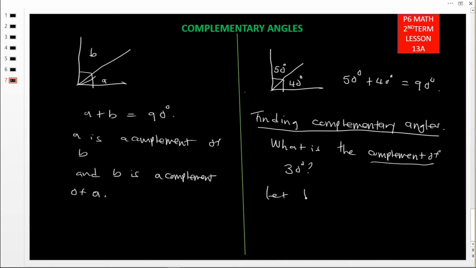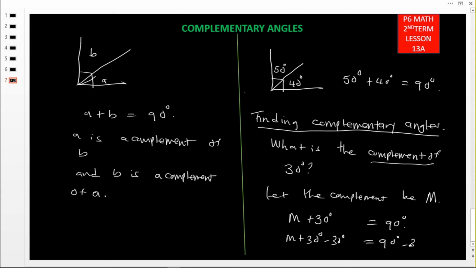So let the complement be M. When we add M to 30 degrees, they give us 90 degrees. So M plus 30 degrees minus 30 degrees equals 90 degrees minus 30 degrees. Therefore the complement M is equal to 60 degrees.